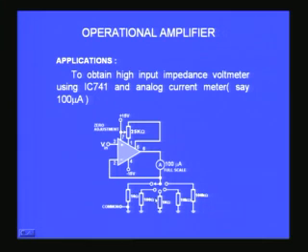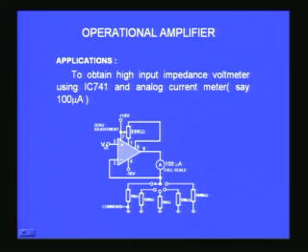Then if I connect for example 10 ohms, 100 microamperes into 10 ohms gives me 1000 microvolts or 1 millivolt. So if I apply 1 millivolt here, it will correspond to 10 ohms and 1000 microvolts or 1 millivolt.